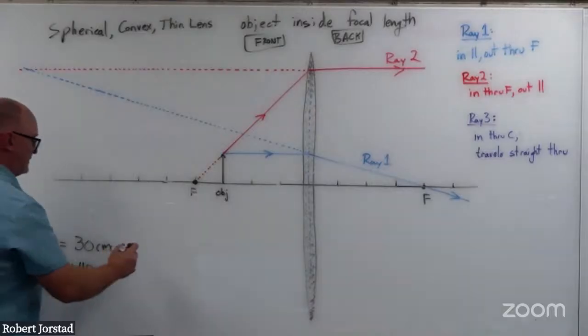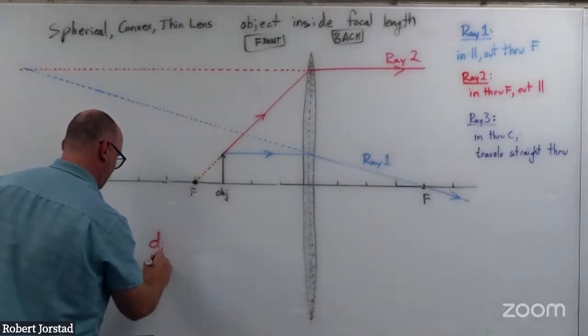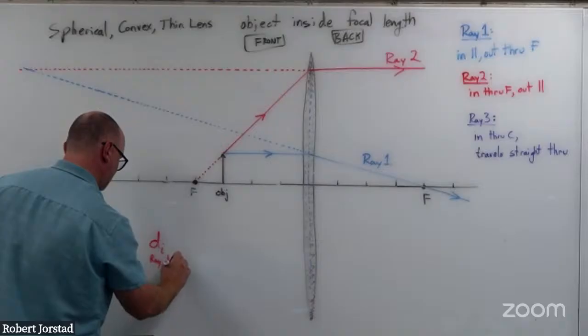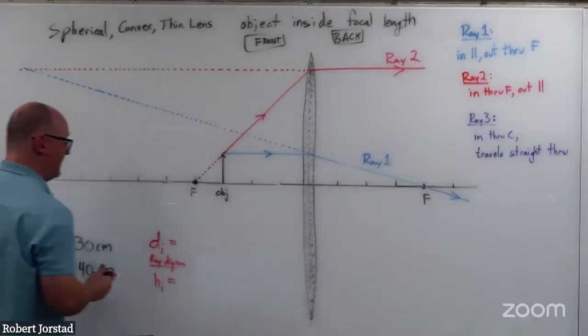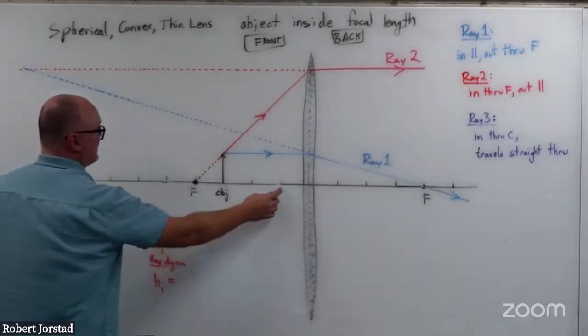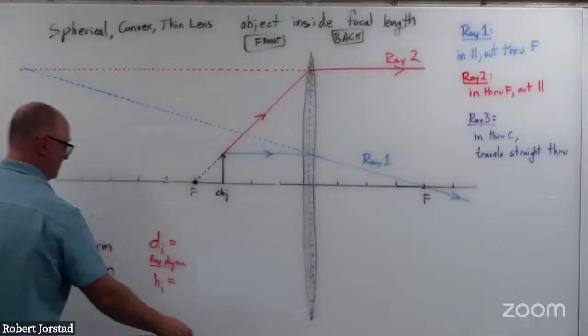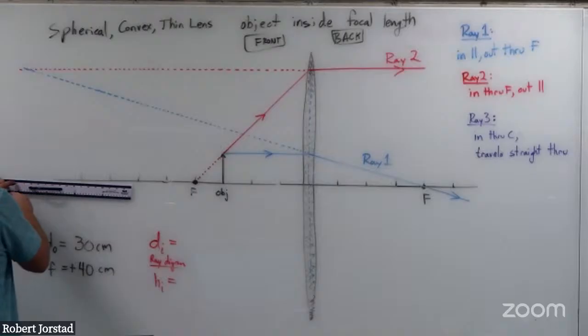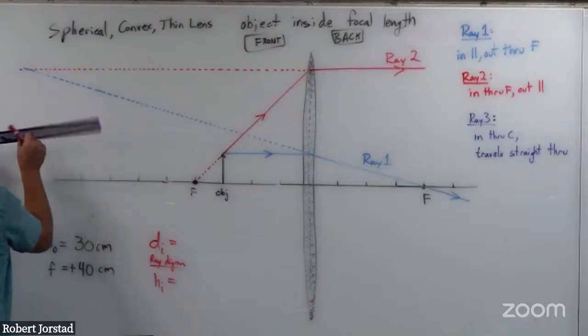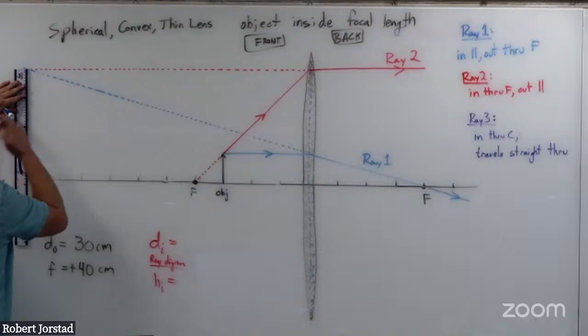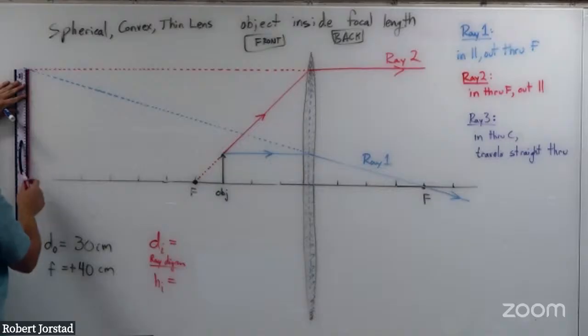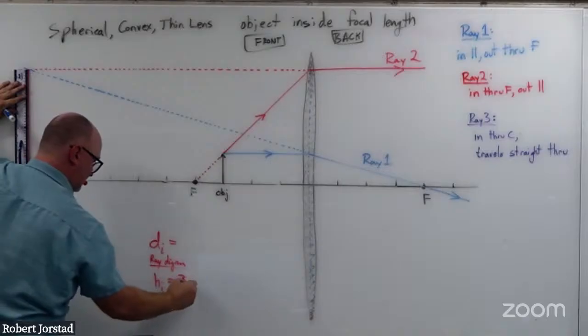The image is, so let's just write down the image from the ray diagram. And the height of the image. Okay, what is this going to be? About 10, 20, 30, 40, 50, 60, 70, 80, 90. Height of the image is about 37.